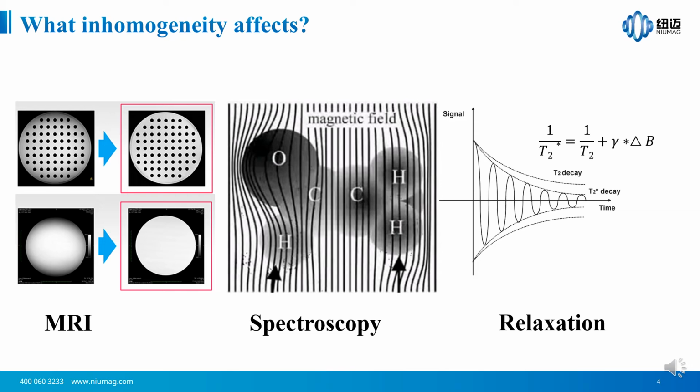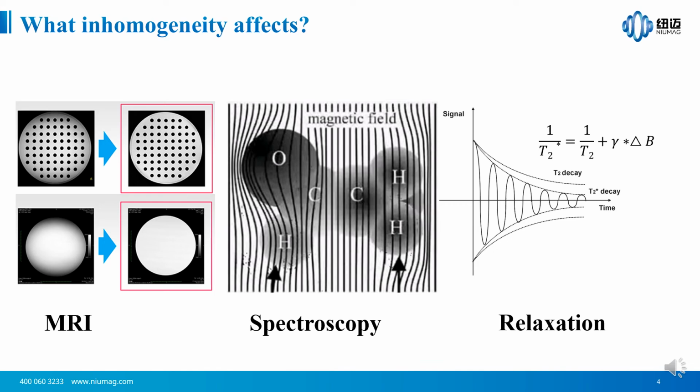Ideally, the relaxation signal decays at T2, but because of the inhomogeneity of the magnetic field, the signal decay will be accelerated. Our measured relaxation process is actually T2 star decaying. There is such a correspondence between these two parameters.